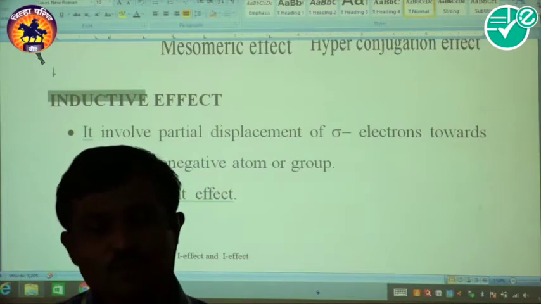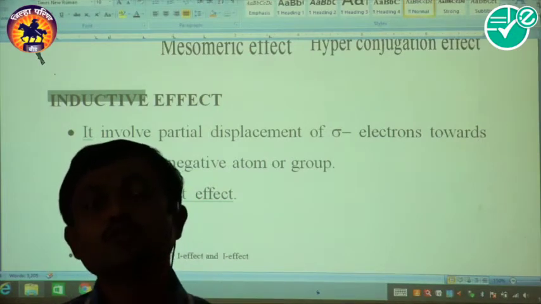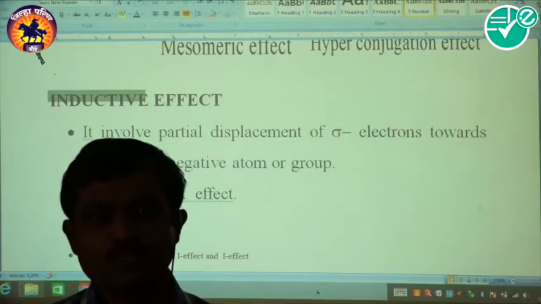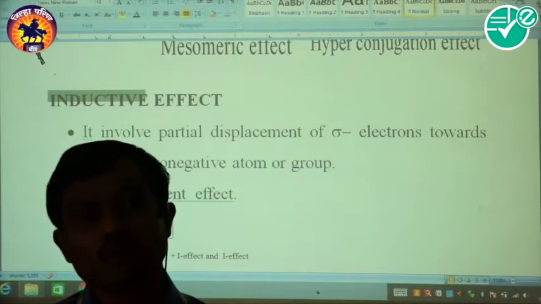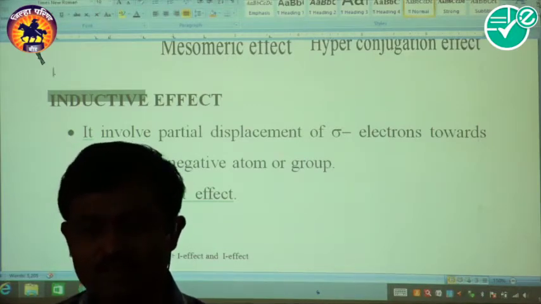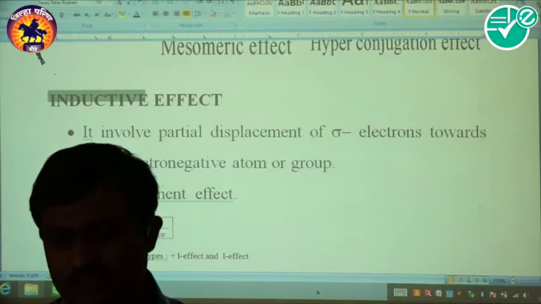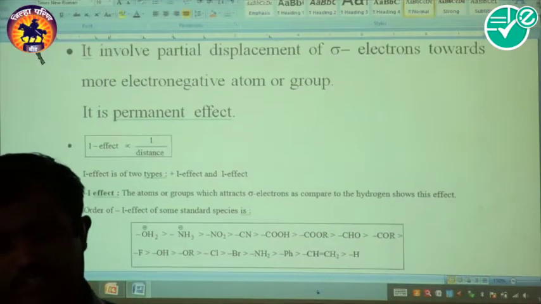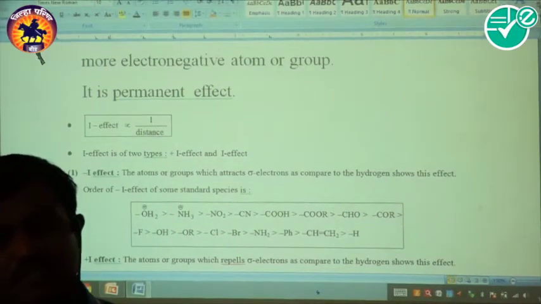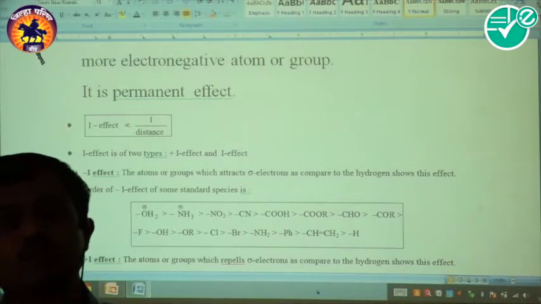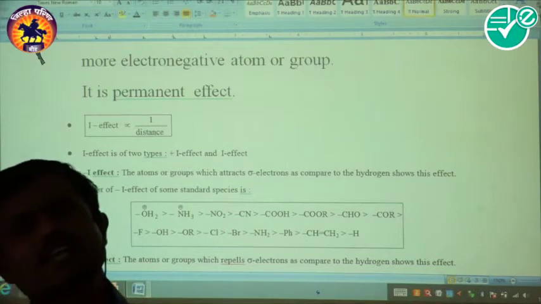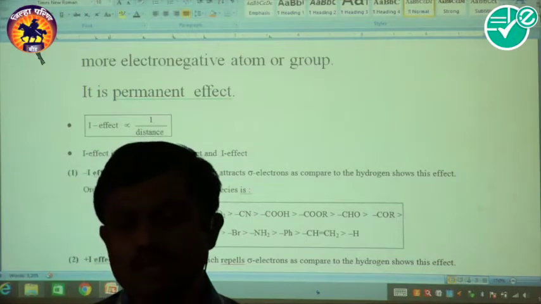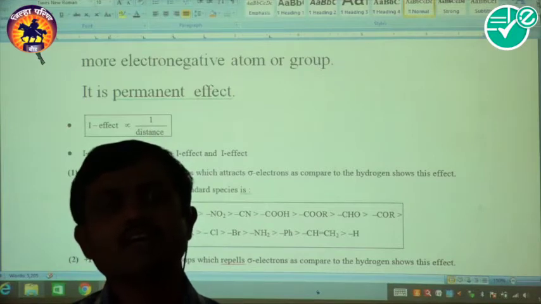Basically there are two types of effect observed here: the positive inductive effect and the negative inductive effect. The inductive effect is inversely proportional to distance, which means that when the distance between the two atoms is more, that effect is less.